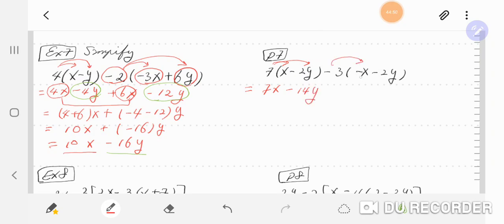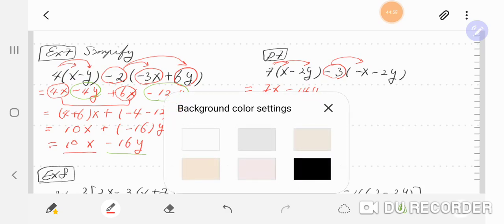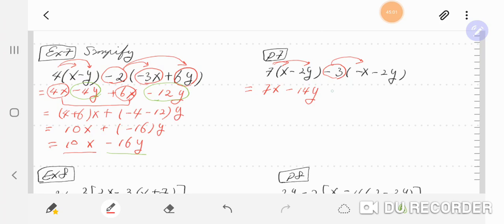Multiply these two, so negative x times, this time distribute with this factor negative 3, so that will be plus 3x, and then multiply these two, so negative 3 times negative 2 is positive, so plus 6y, and then combine the like terms, 7x plus 3x is 10x.